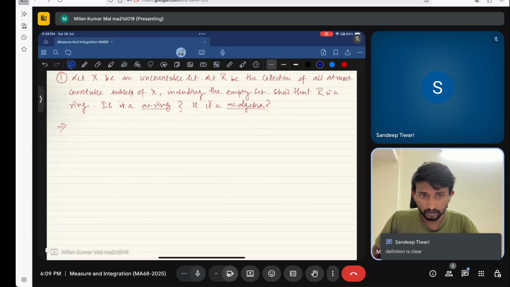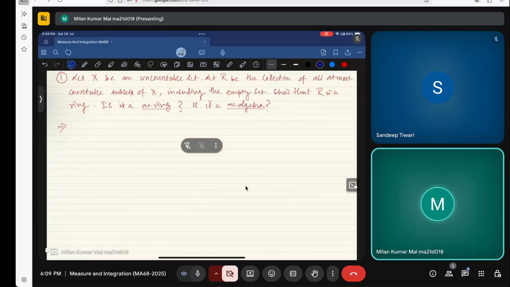The definition says that if I take a collection of subsets, it will be a ring if it is closed under union and closed under difference.